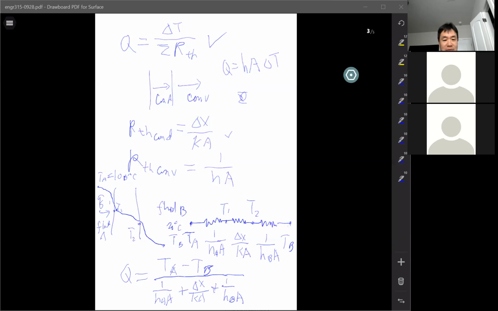Maybe that's the second experiment, including convection. The first one was just conduction. Then you can predict the surface temperatures T1 and T2 by doing the calculation. Then you can even measure them and see the difference between your measured surface temperature and the predicted surface temperature. This is a good example for an experiment.